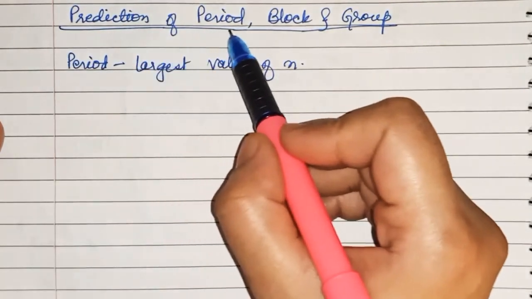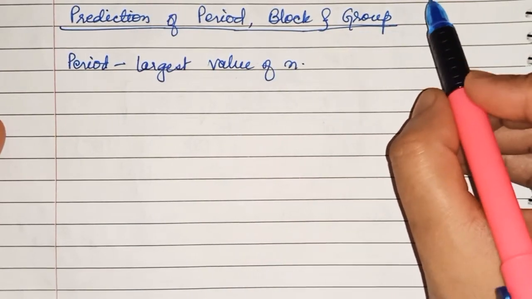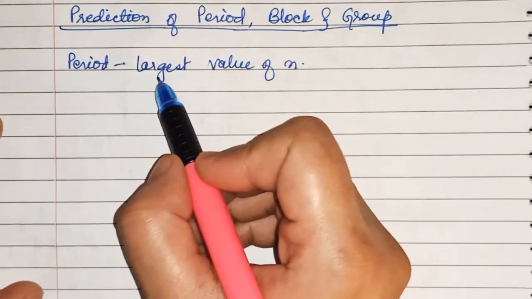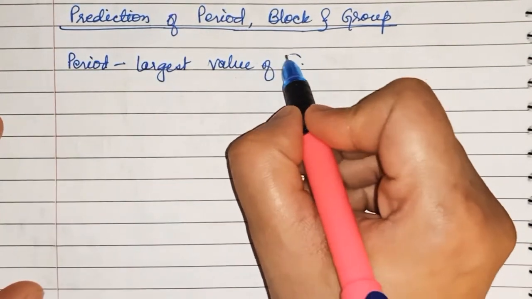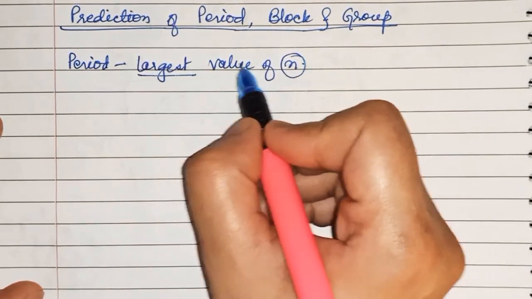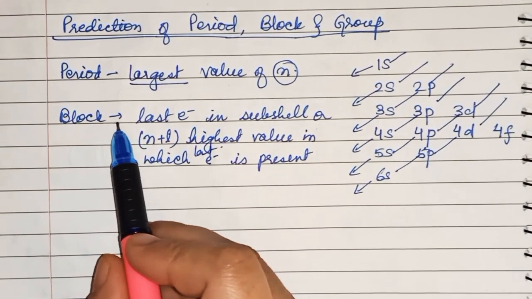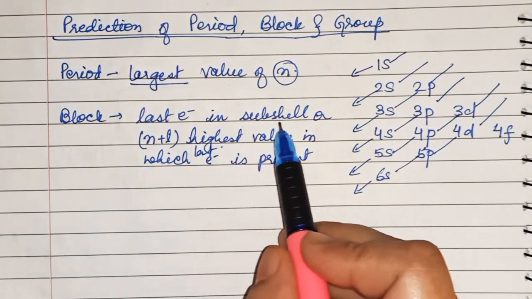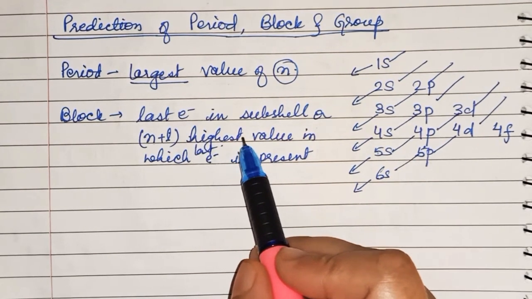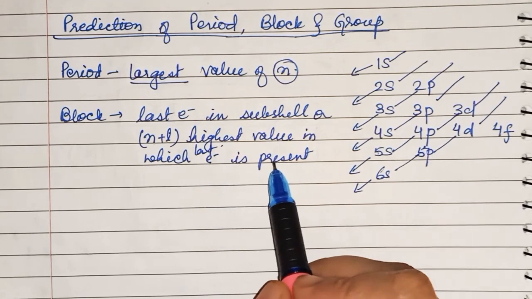Next is prediction of period, block and group for any particular atomic number or element. So the period you will identify by the value of n. The largest value of n will give you the period number. For the block, you consider the subshell of the last electron, or the n plus l value if it is highest, and the block in which the last electron is present is the block.